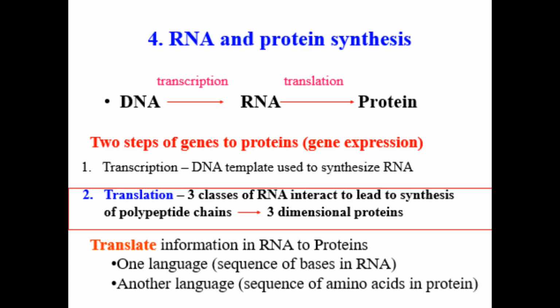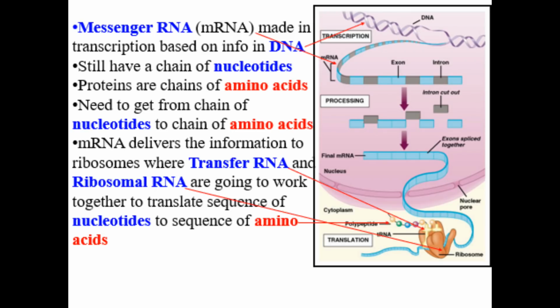So it's a transcription process from DNA to RNA. And now this messenger RNA that's been synthesized based on information in DNA, so there's a gene that was used to make this strand of RNA, leaves the nucleus of the cell, goes out to the ribosome, and here we are.